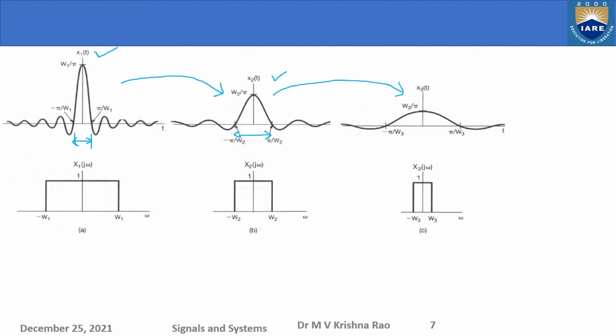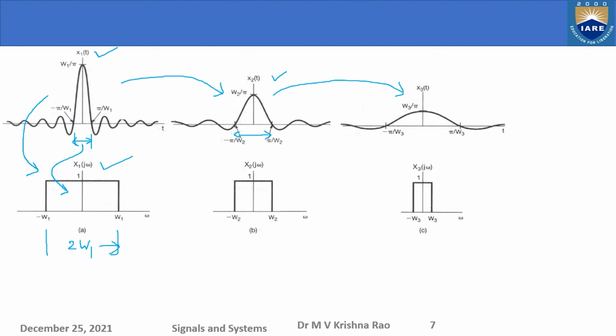So what is happening? This sync function has a box Fourier spectrum, capital X1. Because the width is small here, the bandwidth is high, since they are inversely proportional. What is the bandwidth here? 2W1 is the bandwidth of this ideal function.